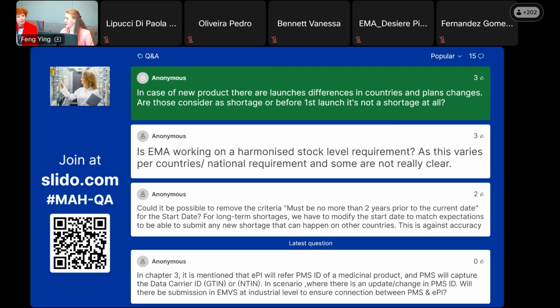When you launch a product, you have to indicate the marketing status as marketed, and then indicate as well the first date when it was first marketed. So before it is marketed, there is not a shortage in the sense of the shortage definition from the regulation 2022/123, because this requires the product already being placed on the market.